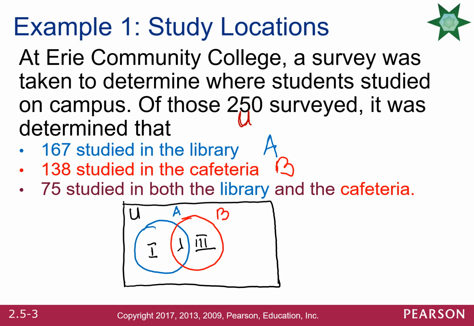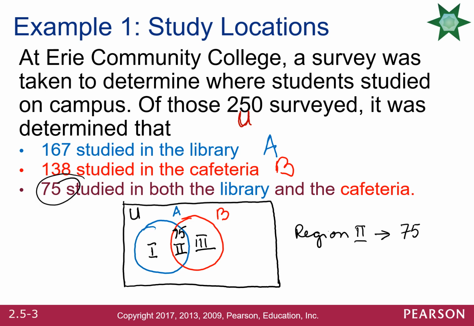Let me redo this so I can have some space to write the number. If this is region 2, we have 75 students belonging in region 2.